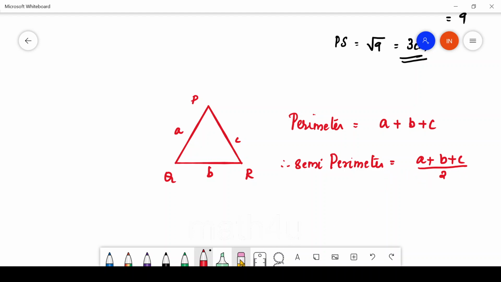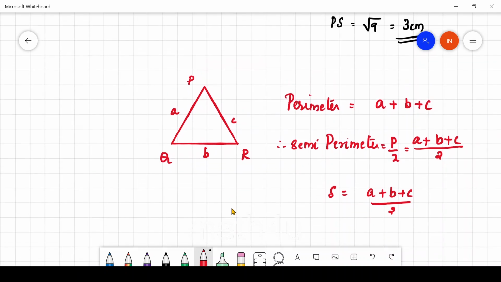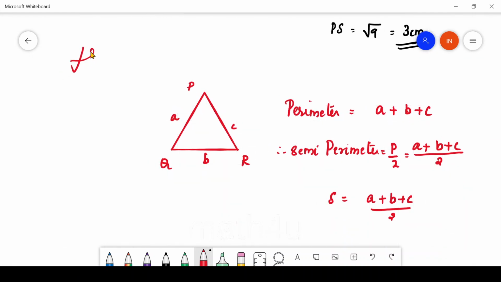I will write over here that S is equal to P by 2, that is a plus b plus c by 2. So don't get confused, we can find S by using the formula a plus b plus c by 2 if a, b and c are the sides of the triangle. So here comes Heron's formula to find the area of a triangle.